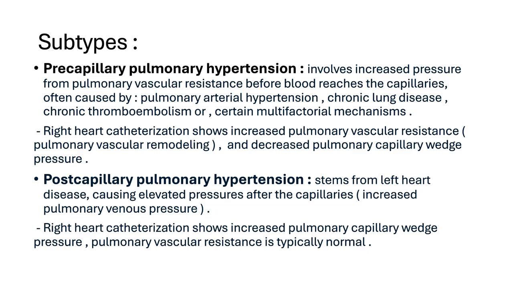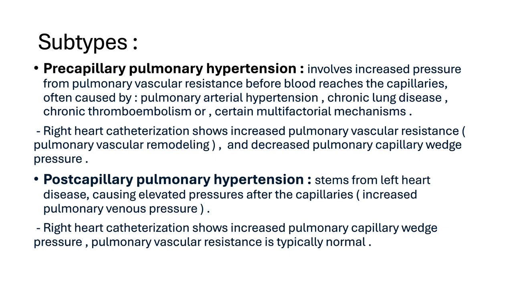And postcapillary pulmonary hypertension stems from left heart disease, so it causes elevated pressure after the capillaries, which leads to increased pulmonary venous pressure. So, the key diagnostic feature of pulmonary hypertension is right heart catheterization.